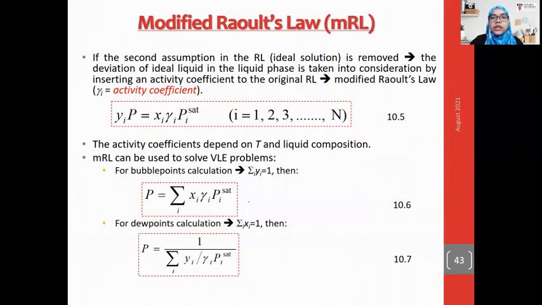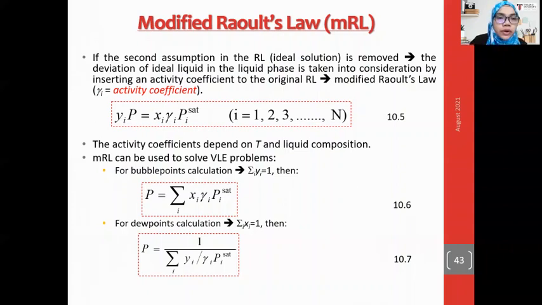Okay, the next model is the modified Raoult's law, because there is a limitation for Raoult's law. If the second assumption in Raoult's law, the ideal solution, is removed, the deviation of the ideal liquid in the liquid phase is taken into consideration by inserting the activity coefficient, denoted by gamma, into the original Raoult's law.